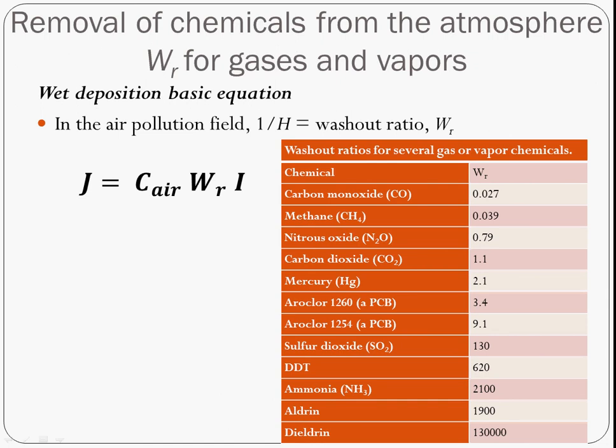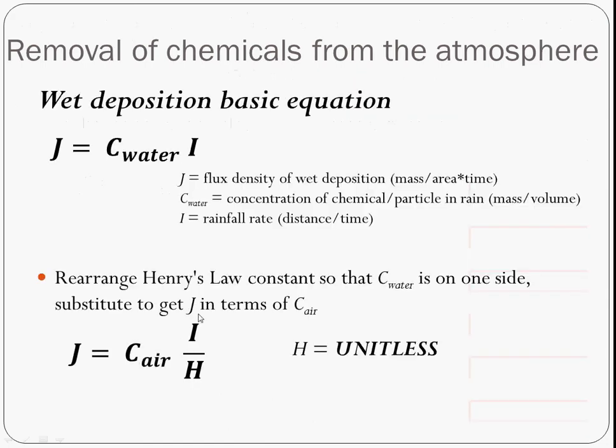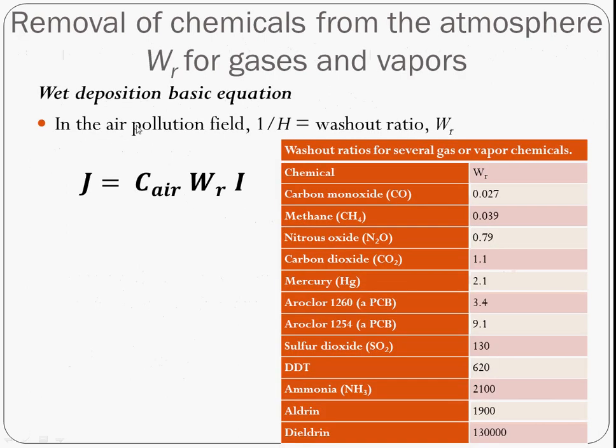Okay, so here is the basic equation, and here we were using this 1 over H. You could think of this as the concentration of the chemical in air times 1 over H times I. And in the air pollution field, this 1 over H term is often called the washout ratio. And then that is what is tabulated.